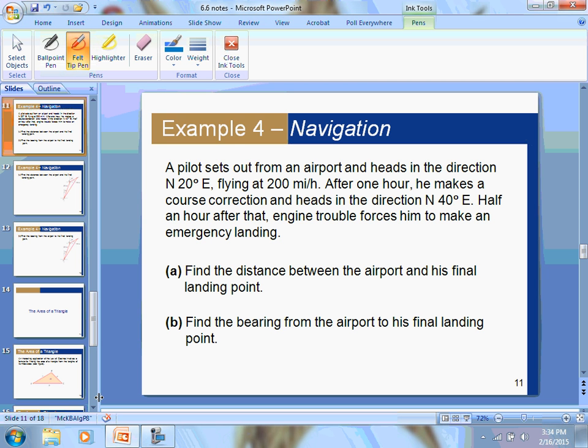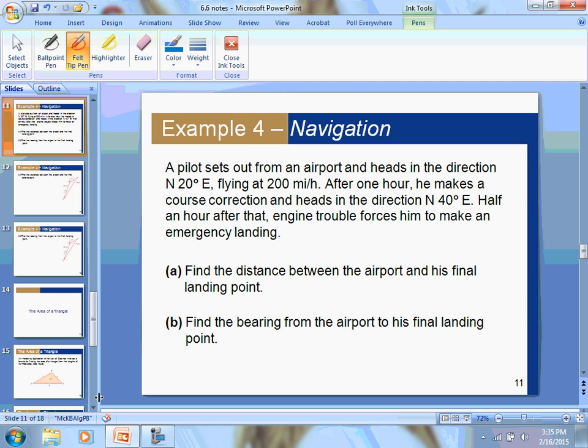After 1 hour, he makes a course correction and heads in the direction of north 40 degrees east. Half an hour after that, engine trouble forces him to make an emergency landing. So we need to find the distance between the airport and his final landing point, and then find the bearing from the airport to his final landing point.